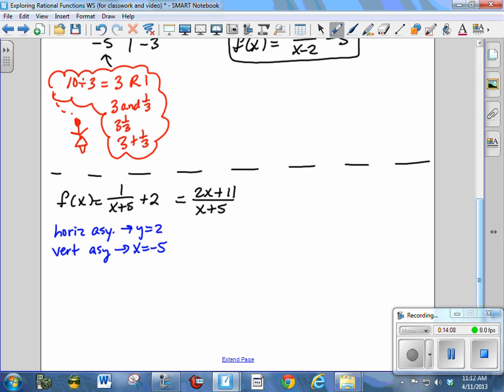So how could we figure that out from this form of the equation? Well, I'm going to hold off on that for just a second. I'm going to put the other one down and then we'll compare these.